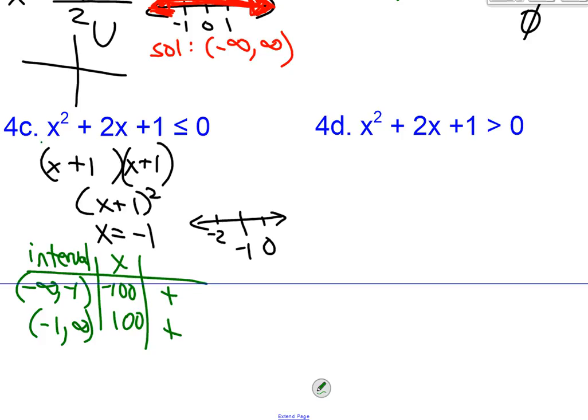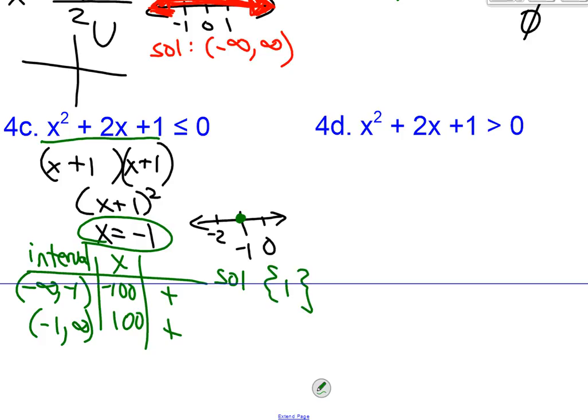In this one, we're asked when x squared plus 2x plus 1 is less than or equal to 0, so it can be equal to 0. So we can have that -1. Our solution, that's all that works. These intervals are all positives, so none of those work. But I get that single point on there.